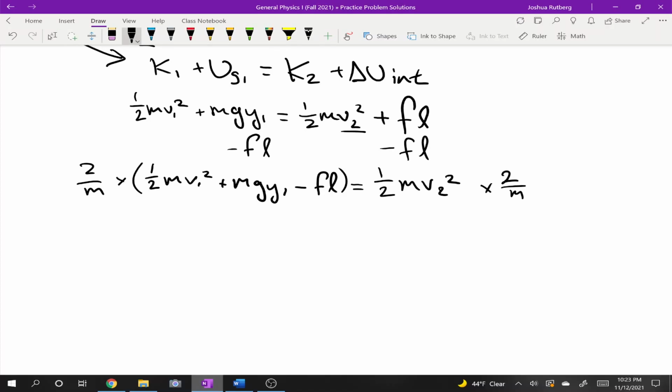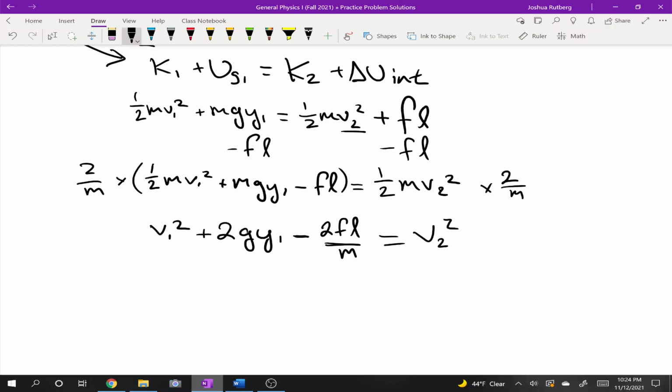And that will get me v1 squared plus 2 g y1, because that mass is going to cancel with that mass, minus 2FL over m. And that's just going to be v2 squared.